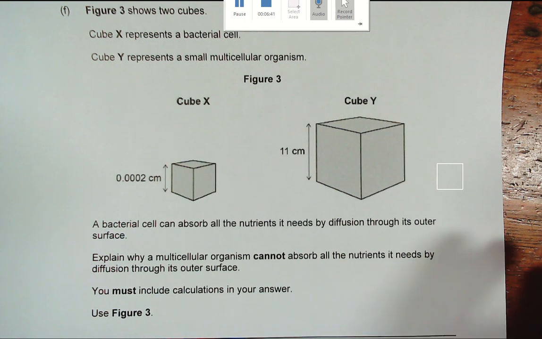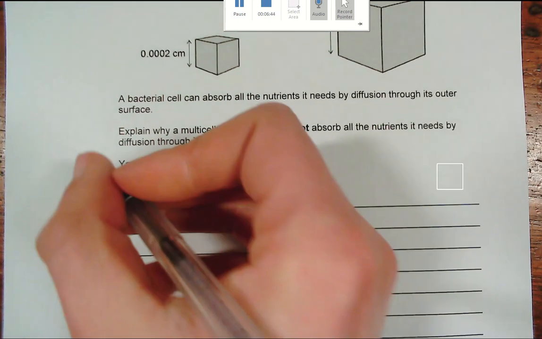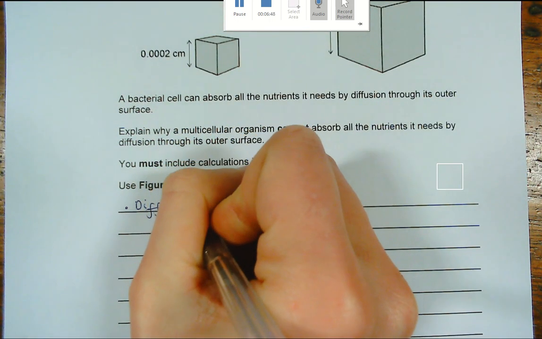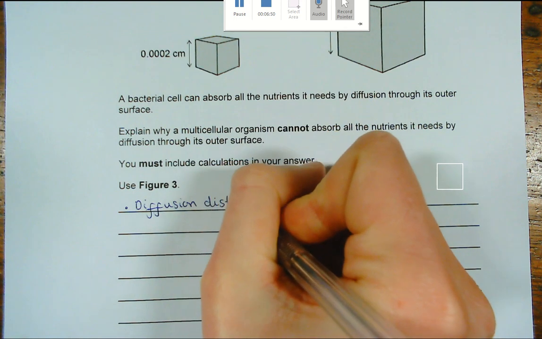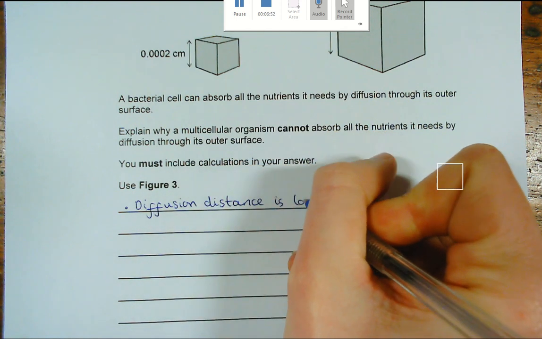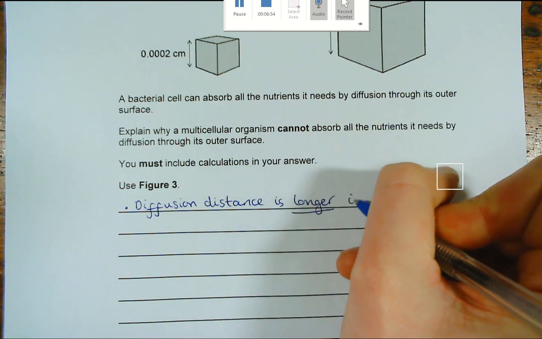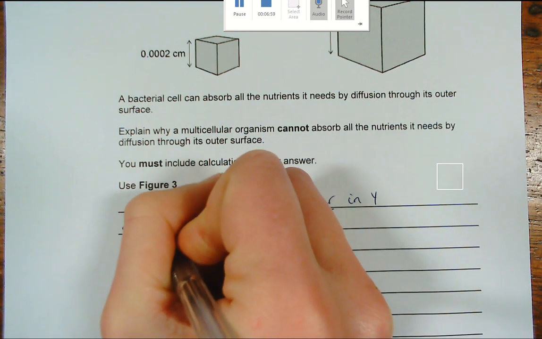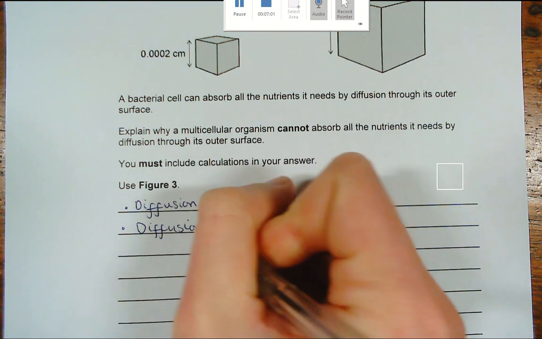Okay, so we can say the diffusion distance is longer and therefore the diffusion rate will be slower.